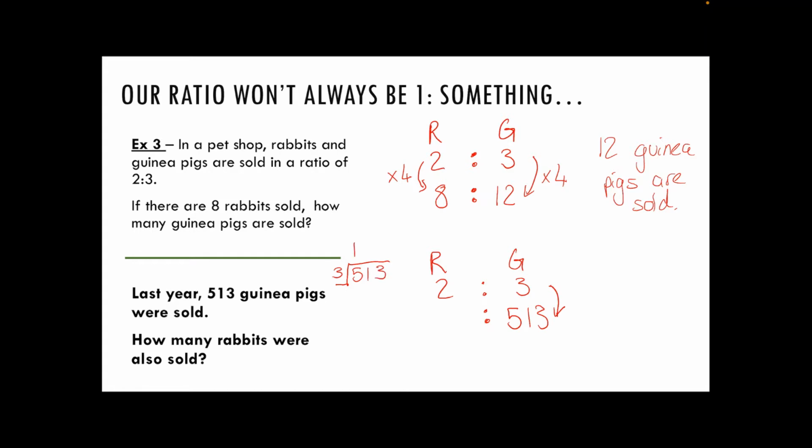So 3 goes into 5 once, carry the 2. 3 goes into 21 7 times, and then 3 goes into 3 just once. So we multiplied by 171. So we also need to multiply by 171, and that is going to be 342. And again, just to make sure, we're selling less rabbits than we sell guinea pigs, so it makes sense that the 342 is smaller than my 513. So 342 rabbits are sold.